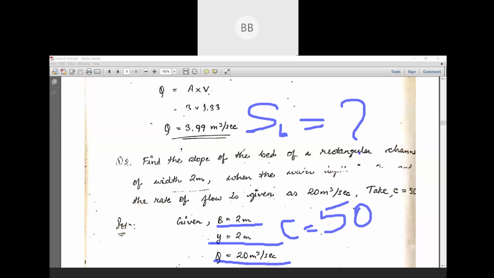We need to find out the bed slope. The channel is a rectangular channel, width 2 meter, depth of flow 2 meter, and the discharge is 20 meter cube per second.